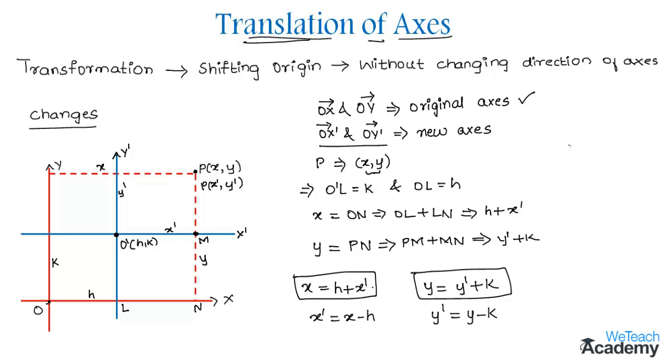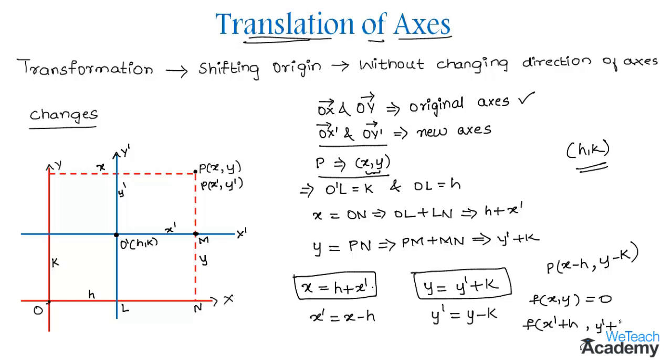Make a note that if the origin is shifted to h, k by translation of axis, then the coordinates of point P, x, y are transformed as P, x minus h, y minus k. And the equation f of x, y equal to 0 of the curve is transformed as f of x dash plus h, y dash plus k equal to 0.